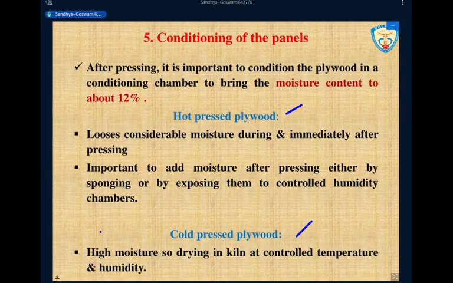And if you find that the humidity is less, then in the kiln one can also increase the humidity, so the moisture content can reach 12%.